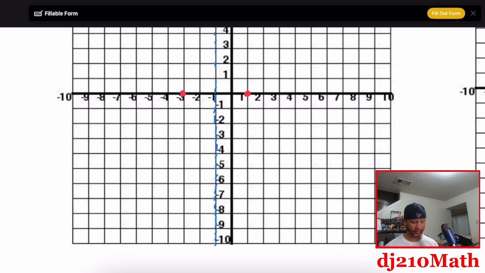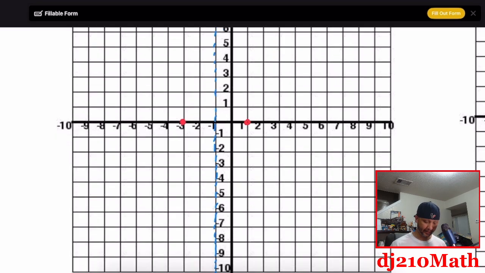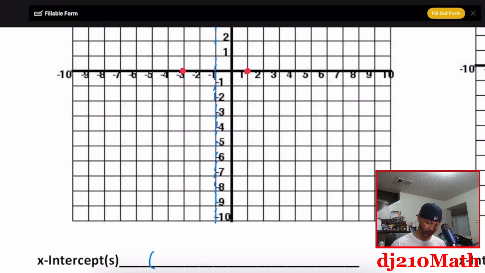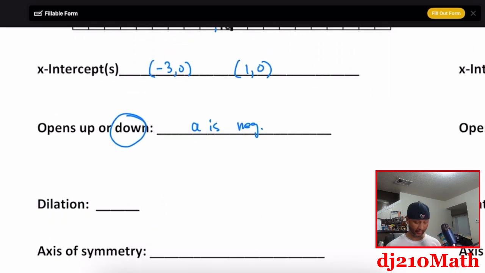So just from analyzing, this is what we get. And it opens down. Okay, let's catch up. So this is going to be negative 3, comma 0, 1, comma 0. Down. A is negative. Dilation, I believe it was 2.